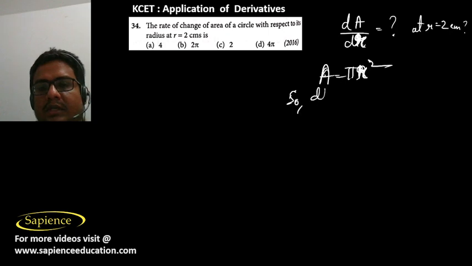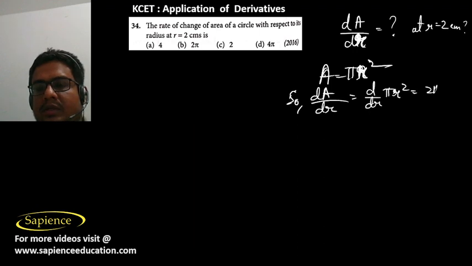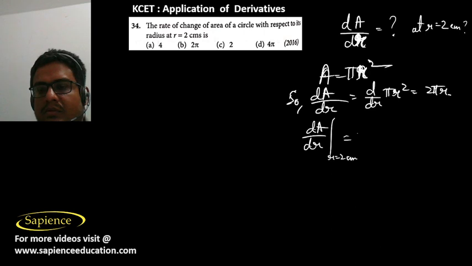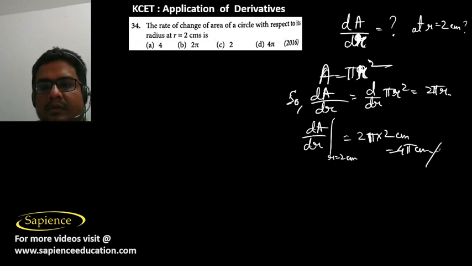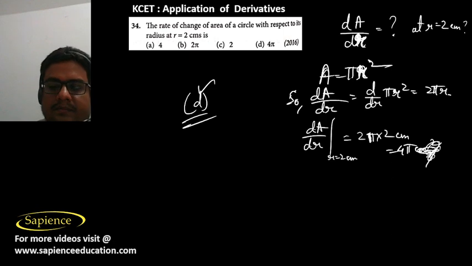So dA by dr is d by dr of pi r square, that is equal to 2 pi r. So we have to find dA by dr at r equal to 2 centimeter, 2 pi into 2, that is 4 pi centimeter. 4 pi is the answer. Okay. So option D is the answer.